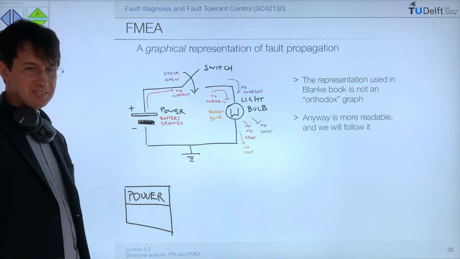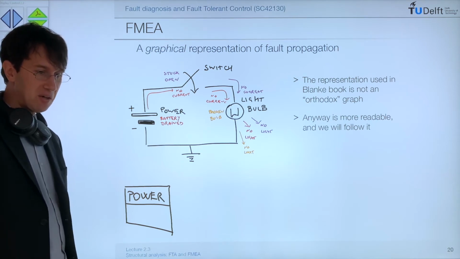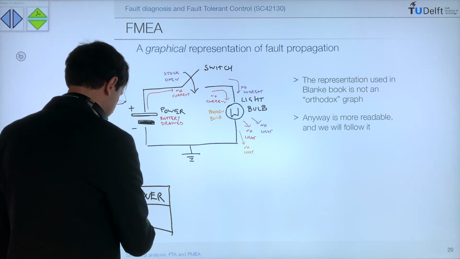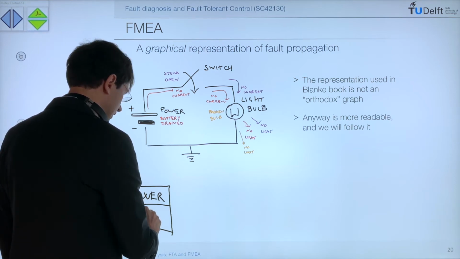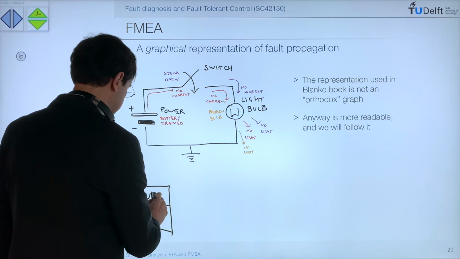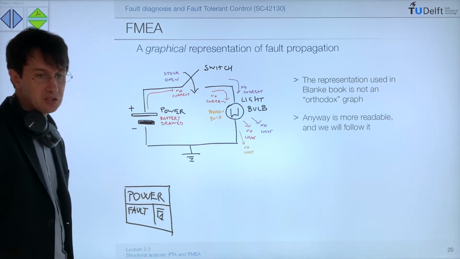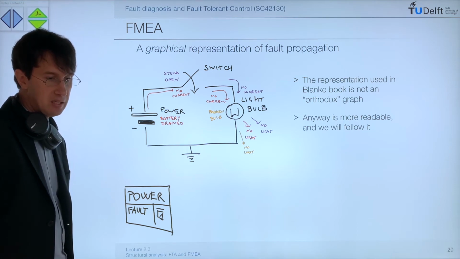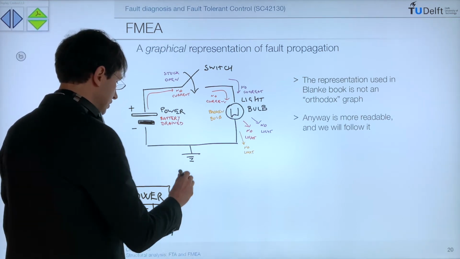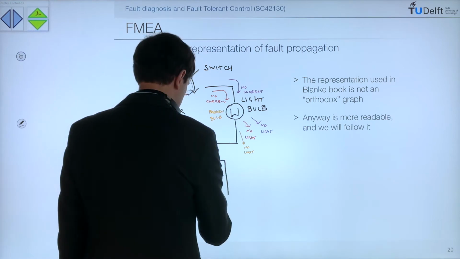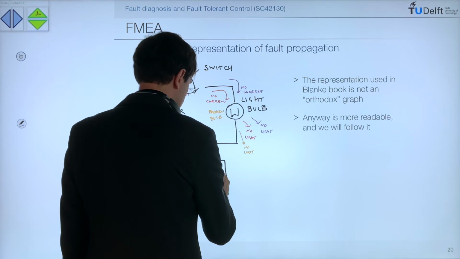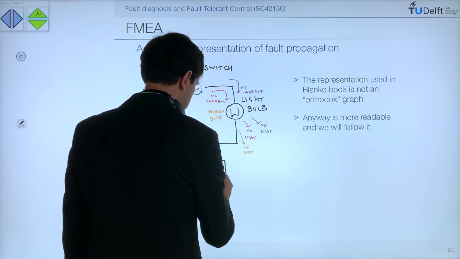And this block has only one fault that we are going to denote with F1. And this fault is the drained battery. Then, at the switch level, we have local faults. We will call F2 the switch open fault.